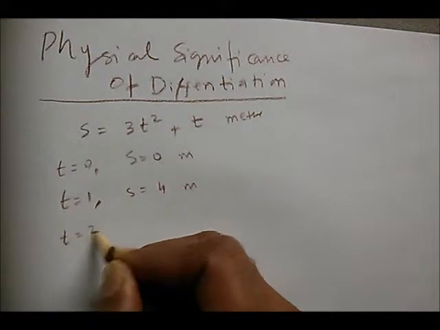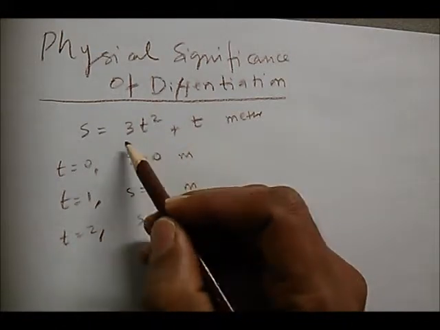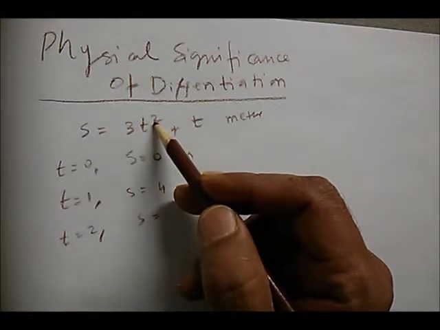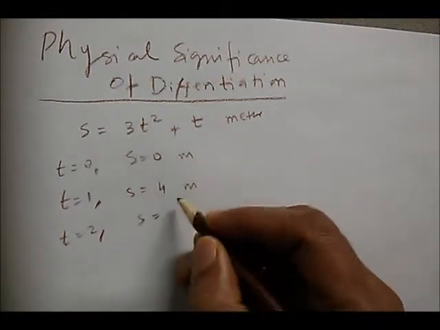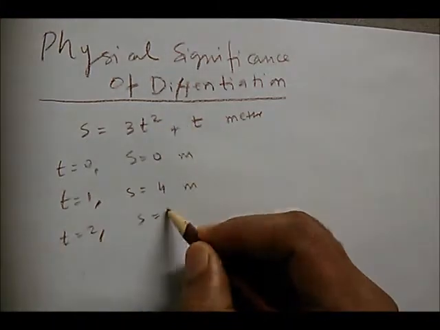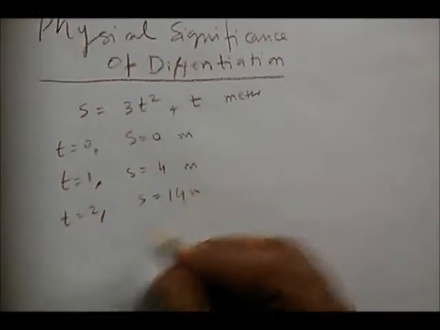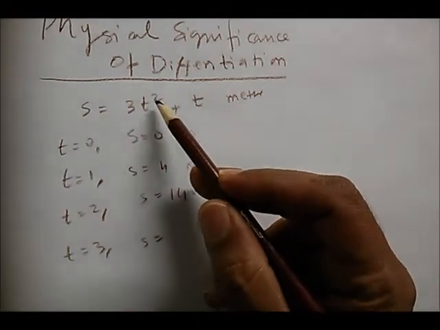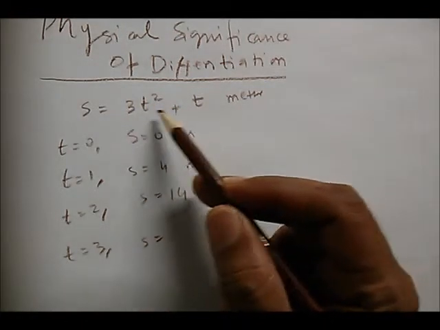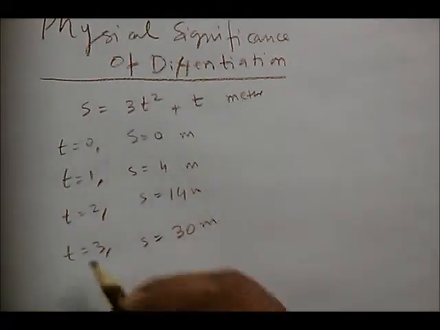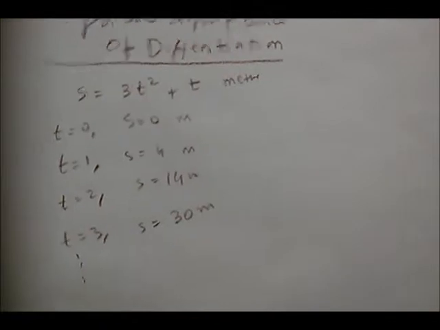At t equal to 2, the distance covered is 3 into 2 square is 4, 4 into 3, 12 plus 2, it's 14 meters. At t equal to 3, s is equal to 27 plus 3, it's 30 meters, and so on and so forth.